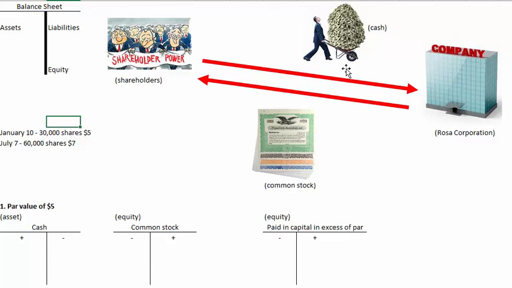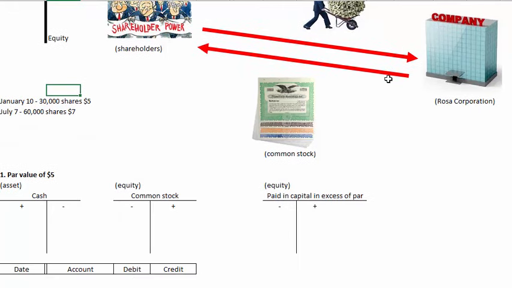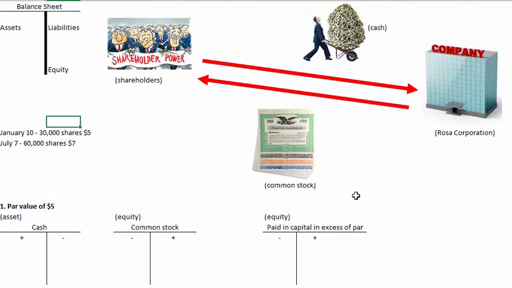Our goal is to get it into the accounts so that it's reflected correctly on the financial statements on the balance sheet. So I have down here for us listed each of the three accounts that could possibly be affected whenever common stock is issued for cash.